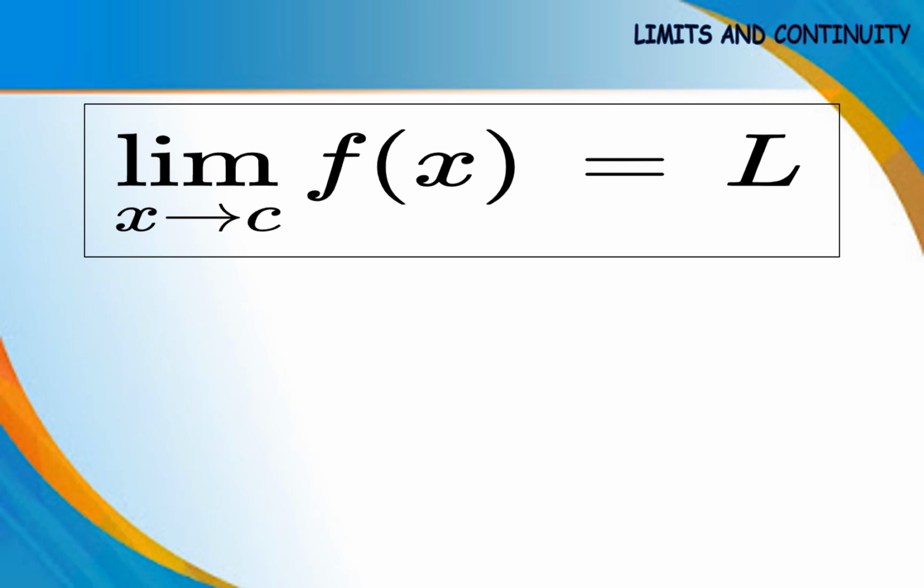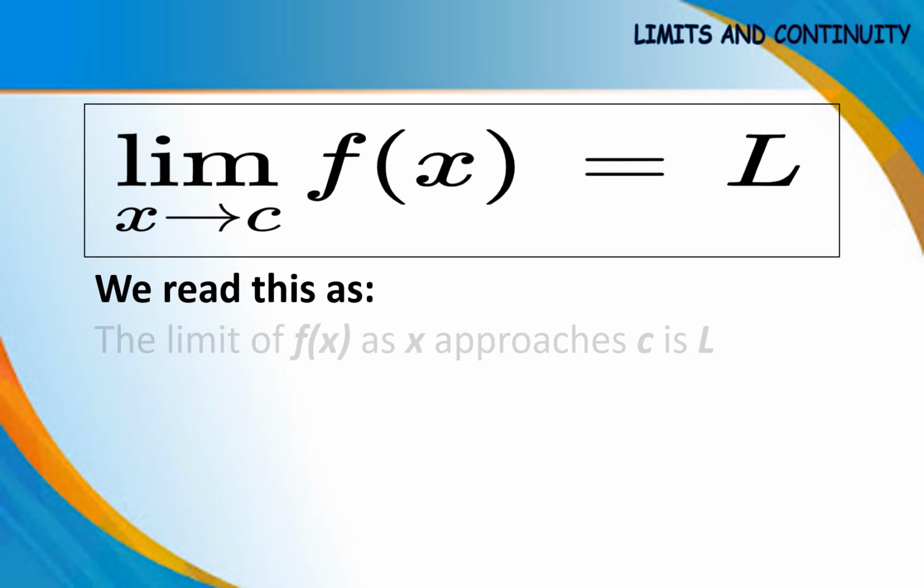So in studying limits, it is important to know how to read it properly. As you can see here, the expression on the right side is separated by an equal sign and then followed by L. So let me teach you how to read this properly, since you will be seeing this equation over and over again.